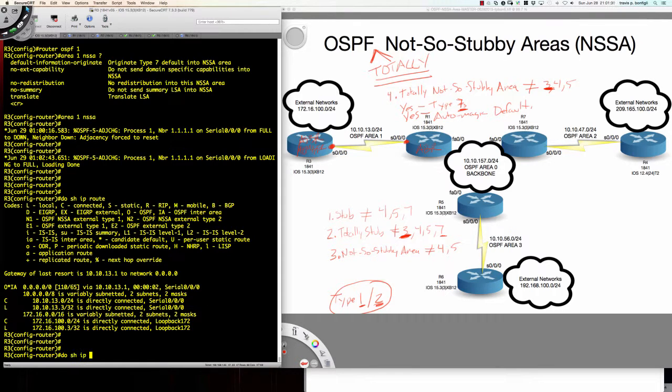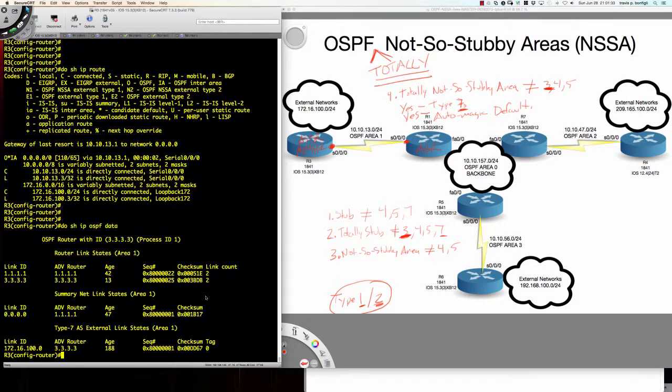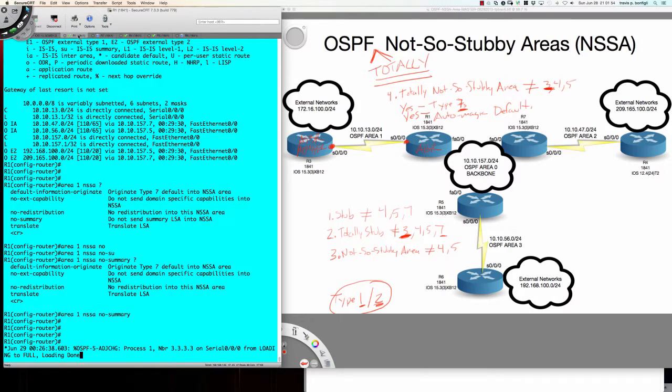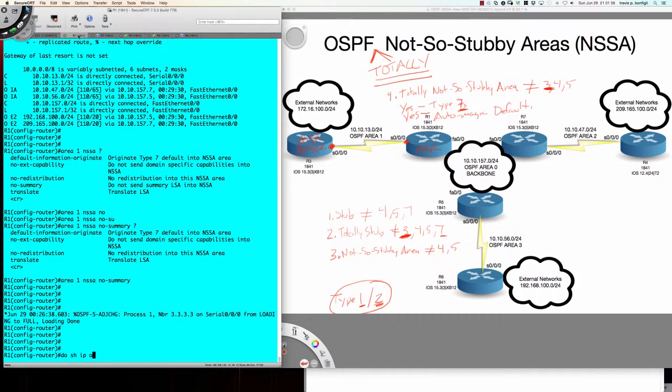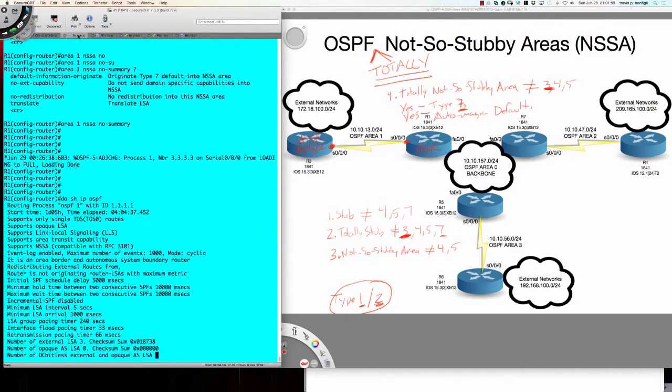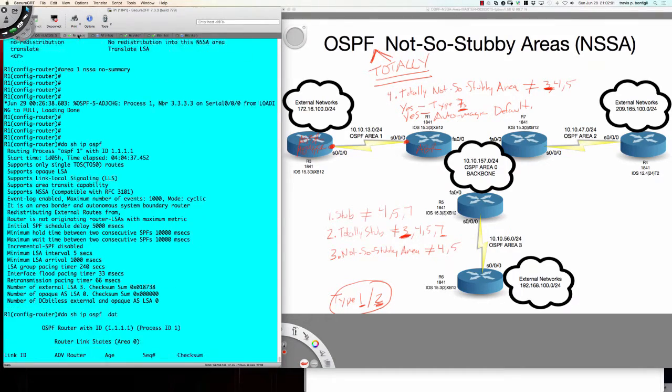and let's say do show IP OSPF database, right? But he does see that type 7 LSA from the redistributed route. He does see the type 7, right? So let's take a look at router 1's routing table. So do show IP OSPF, sorry about that, database.